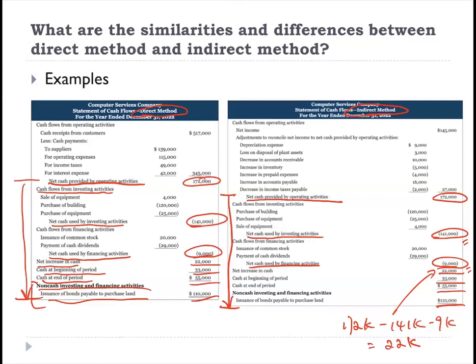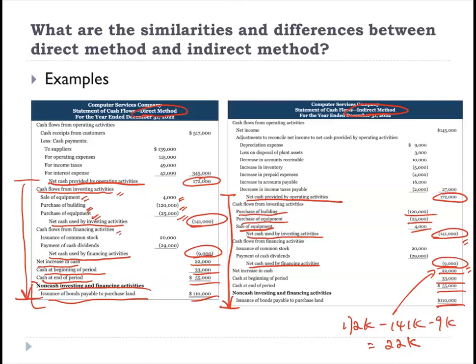For the cash flow from investing activities, the firm sold equipment, which brought a cash inflow of 4,000. Purchase of buildings: the firm spent 120,000 to purchase buildings. Purchase of equipment: the firm spent 25,000, a cash outflow of 25,000.